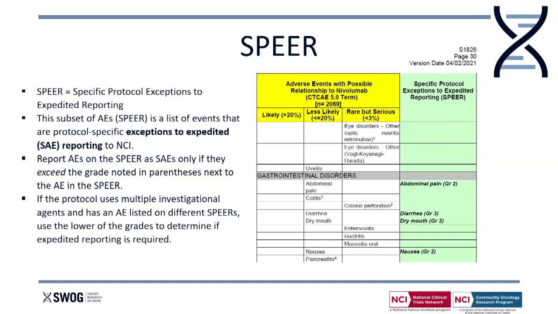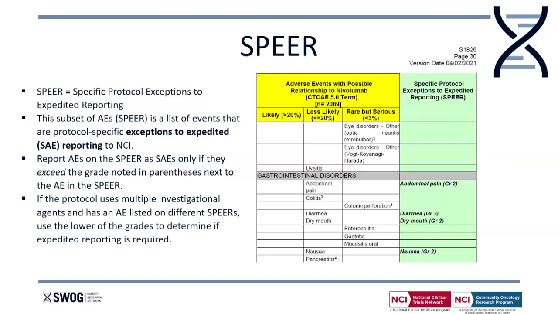So for instance, your patient has grade 2 abdominal pain with hospitalization over 24 hours. In most cases, that would be an SAE. However, since it's listed on the exceptions list up to and including grade 2, that's not going to be an SAE. Now, if they have a grade 3 abdominal pain with hospitalization, yes, that is going to be an SAE because it's not specifically excluded.